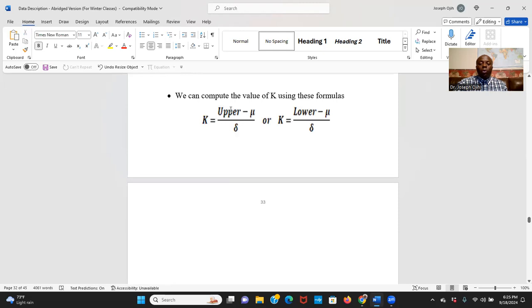We can use K equals upper end minus mean divided by standard deviation, or you can use K equals lower minus mean divided by standard deviation. I know this might sound like gibberish to you, but as soon as we start applying them to solving problems, it will be more clear to you.